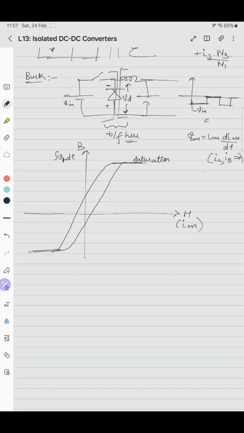Means if we see the integral of VLM dt times 1 by Lm, it equals Im. If we consider this as the y-axis and this as the x-axis, then y equals Lm into x. So this slope is nothing but the magnetizing inductance.